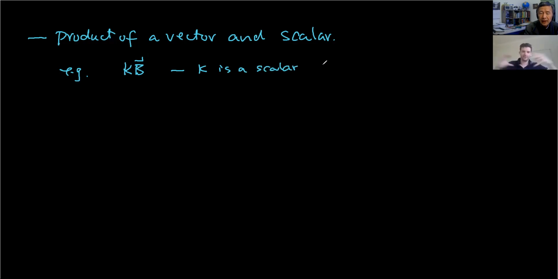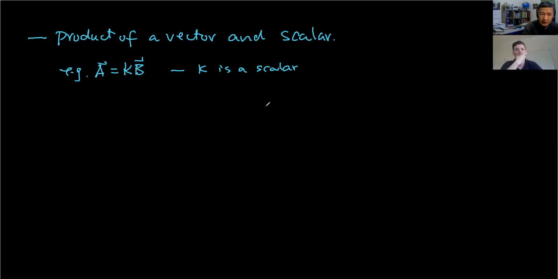Scaling up and down, or positive. So basically, if you multiply by a scalar, then in this way we can build any vector. So if A equals Kb, then in other words, you just take the direction.